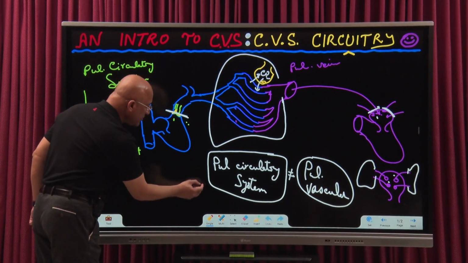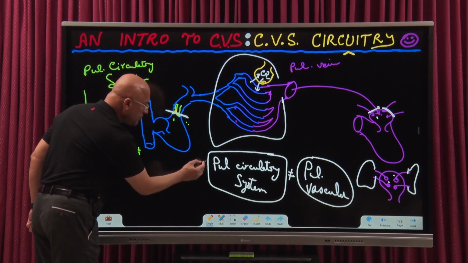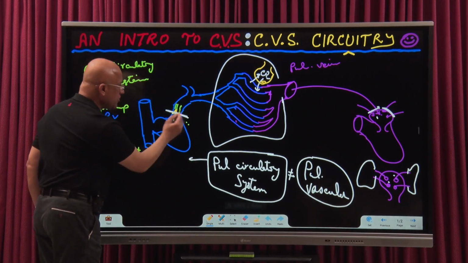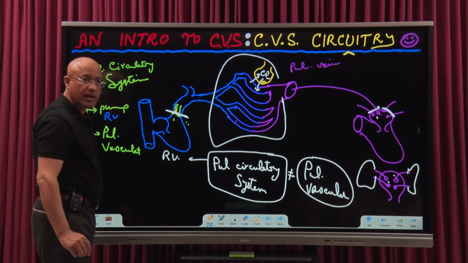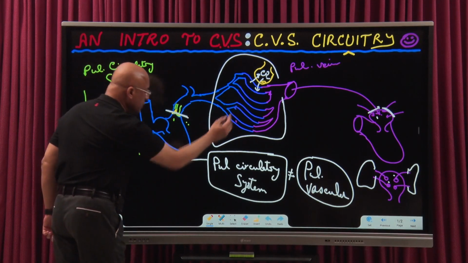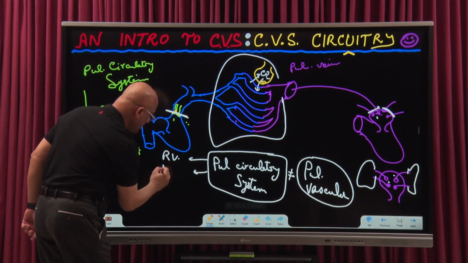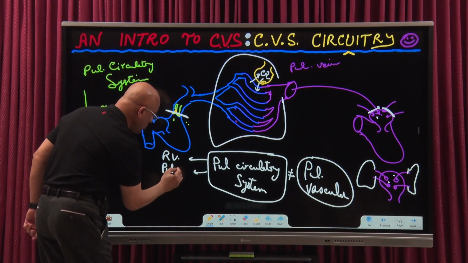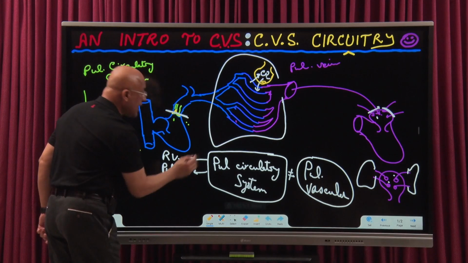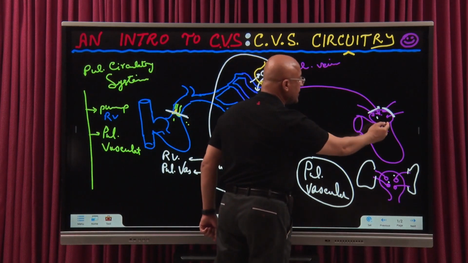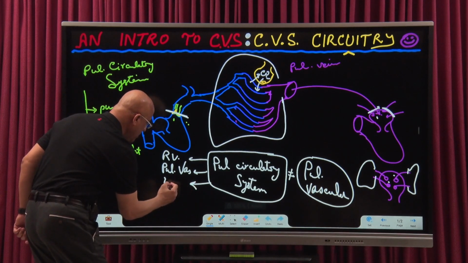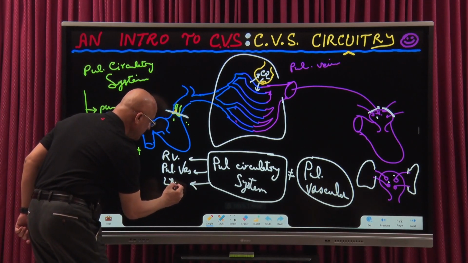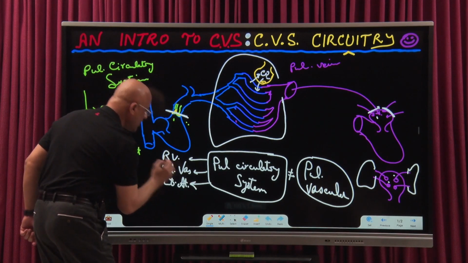So it has basically, how many components? First is the pump, which is right ventricle, right? Number 2, blood is going into pulmonary vasculature, and eventually the final drainage. Drainage is left atrium, right?